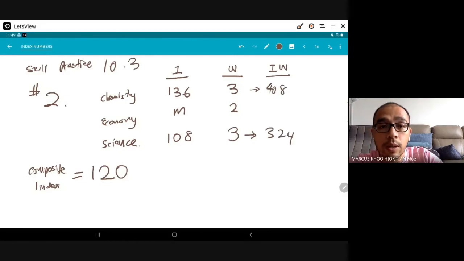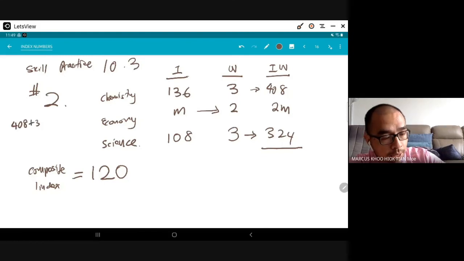So what happens if you don't have a number for this one? It's okay, we just multiply. M times 2 will be 2M. Now let's add this together: 408 plus 2M plus 324. So we can only add these two numbers together. The 2M we cannot mix in.